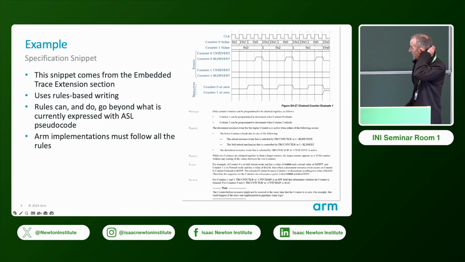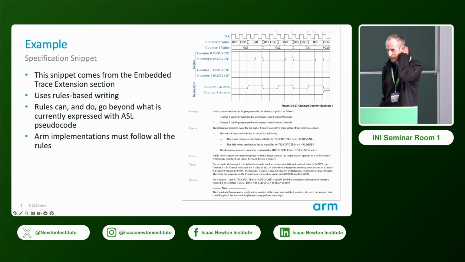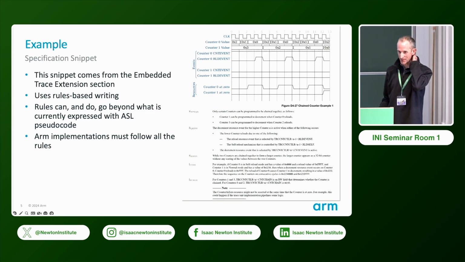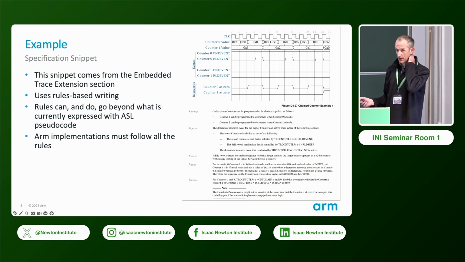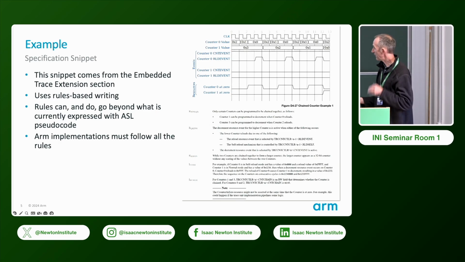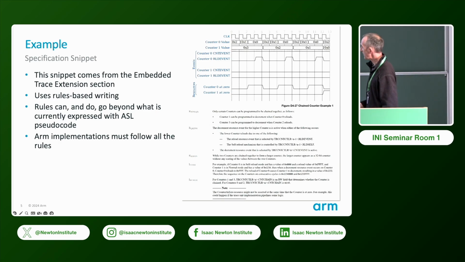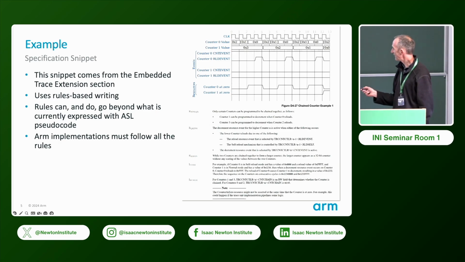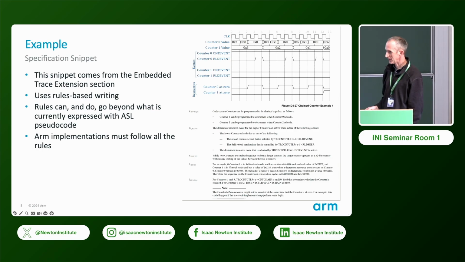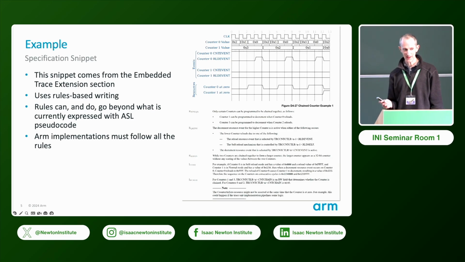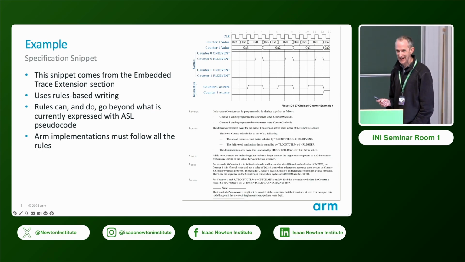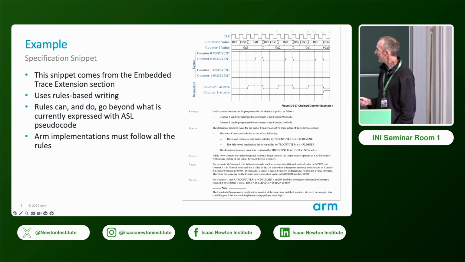And I give an example of that here. I semi-randomly just picked a page out of the ARM to give a flavor of what it looks like. We have a nice diagram here, and rather entertainingly, it's called a counter example, but this is an example about counters rather than a counter example.